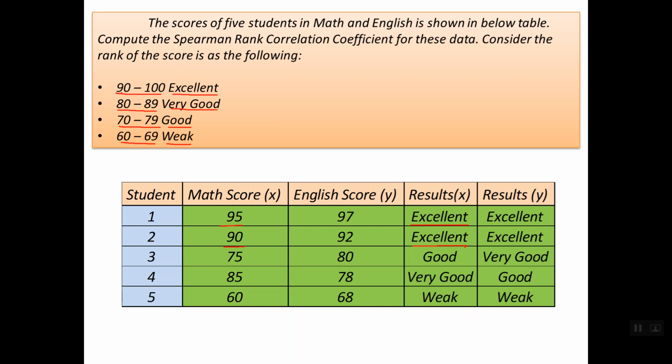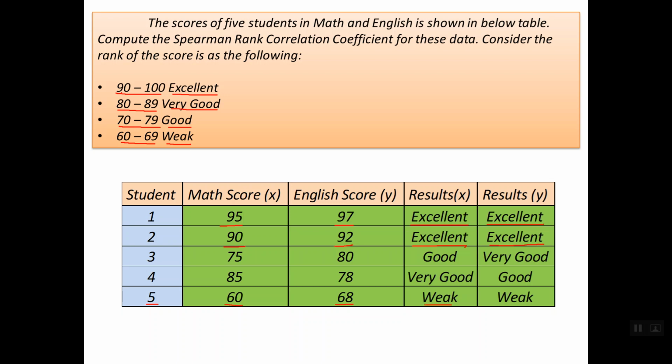And again, for the same two students in the English, the first student has got 97 while the second one got 92. So as there is somehow some difference between the scores, they are considered to be of the same rank, which is excellent. Let's say, for example, for student number 5, the score of this student in the math is 60, while his score in the English is 68.